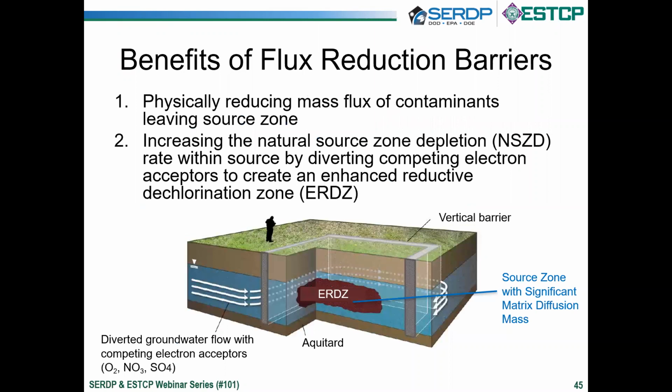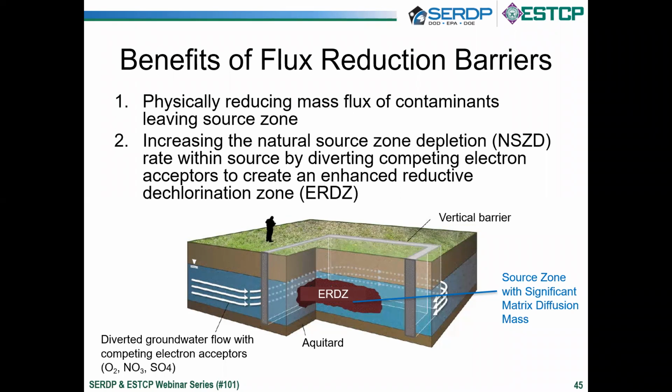And so this project focuses on flux clog, or flux reduction barriers, which have two key benefits. The first is physically reducing the mass flux of contaminants leaving the source zone, and a lesser known advantage of increasing the degradation or NSZD rate. And this is because the influx of electron acceptors like oxygen, sulfate, and nitrate that's carried with groundwater flow can consume a large fraction of the available electron donor at a site.